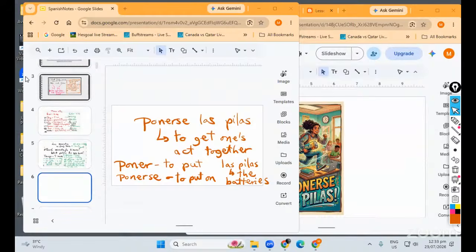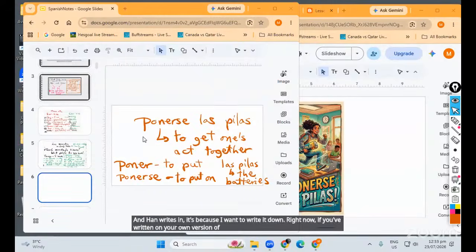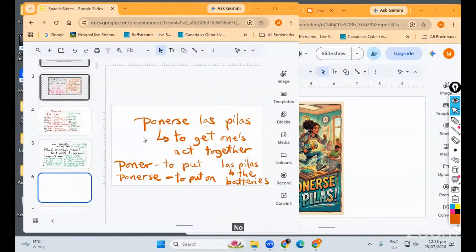Yeah, guys, once it's in this little Spanish notes PowerPoint in handwriting, it's because I want you to write it down, right? Now, if you've written on your own version of it, no problem. But the idea must be somewhere in your notes so that you could come back to it if you need to.